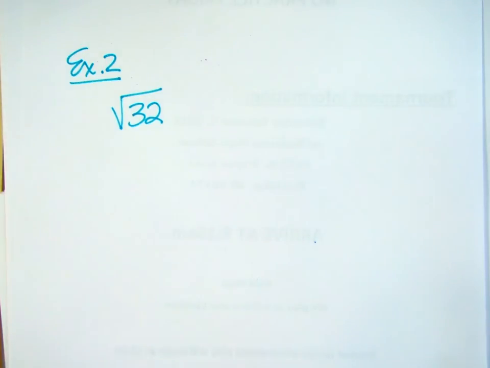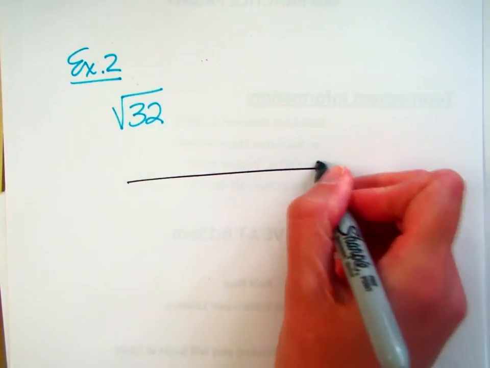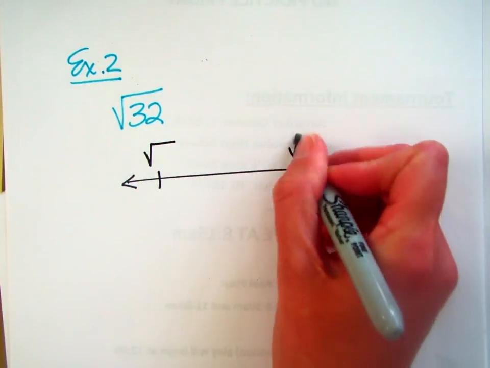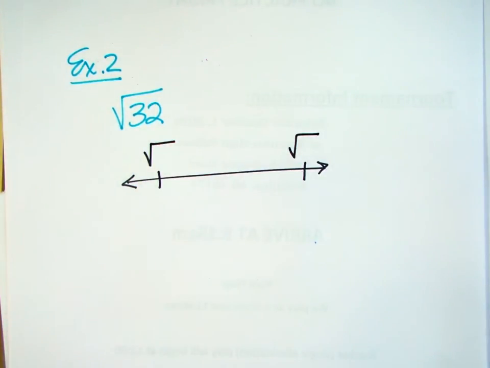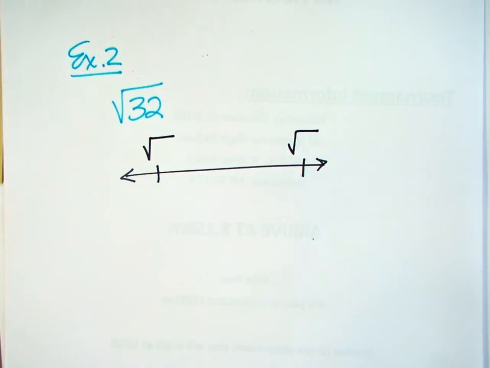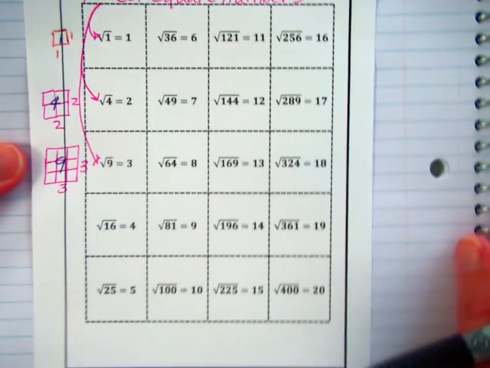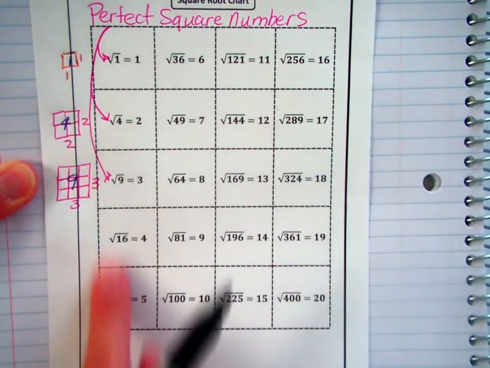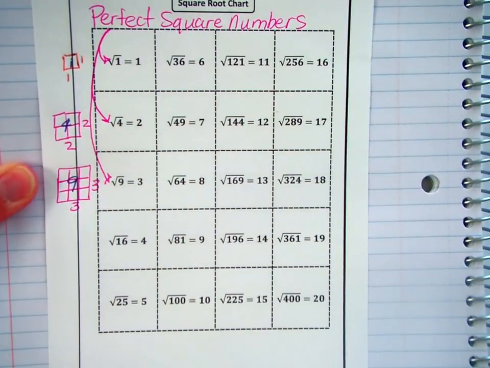So we'll have our number line, and then I'm going to have those perfect square numbers on the end here. So this is where you use that chart. Where is 32 going to fall? What two numbers will it fall between when we're doing the square roots? 25 and 36. Yeah, the square root of 25 and the square root of 36.